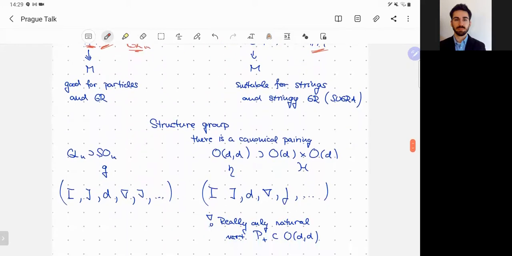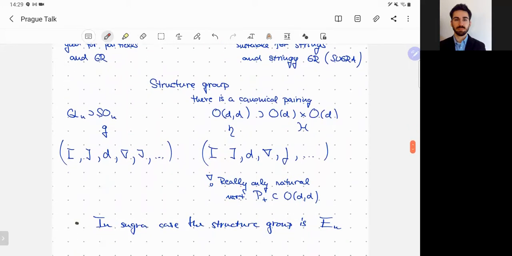Okay, and this analogy goes further. From what we know from normal geometry, if we want to get a metric, the natural thing is to reduce the structure group from GL(N) to the maximal compact, which is SO(N), and this moduli space GL over SO gives us all the metrics at every point.